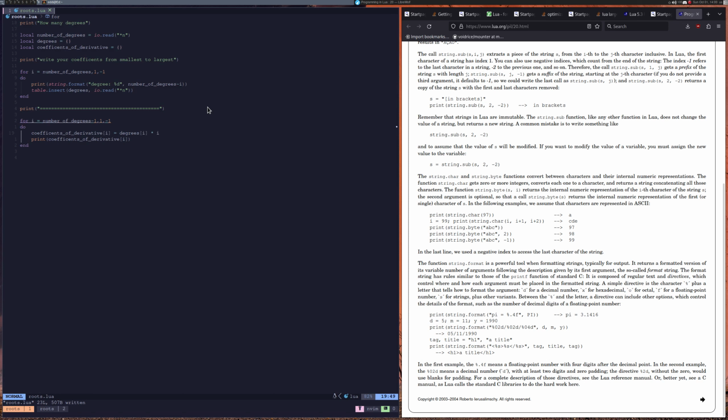Because I want the degrees to match the place in their table. So if I have... So first... Oh, alright. Let's just get rid of this. Why is it saying unused? It's totally used.